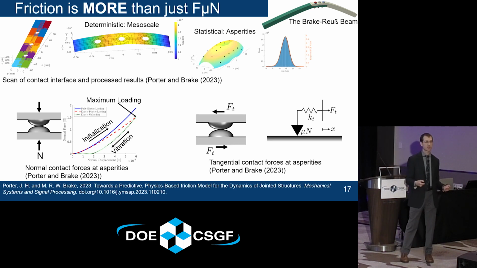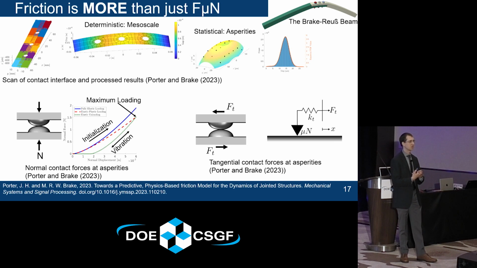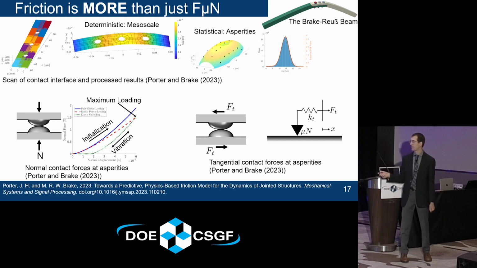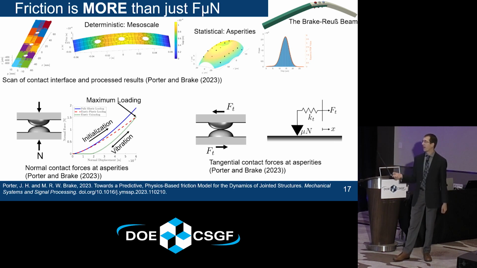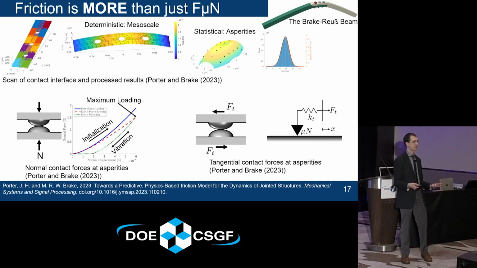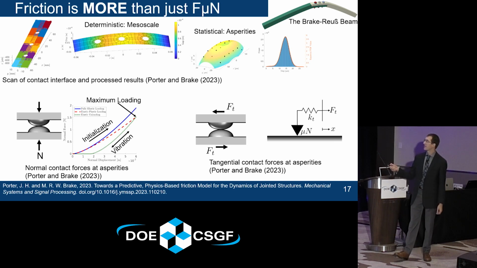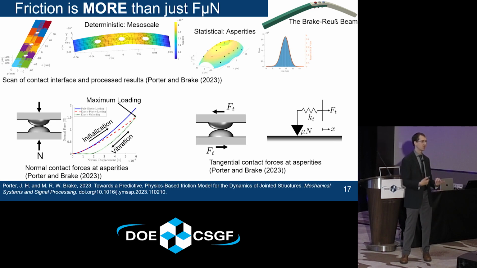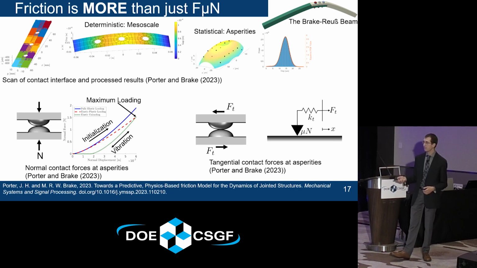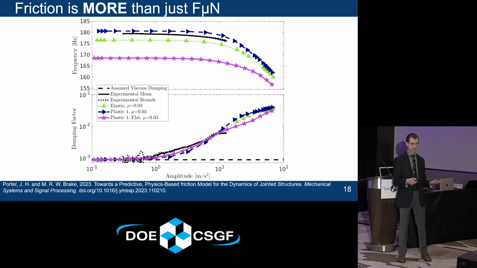In the tangential direction, these two spheres or ellipsoids pressed together will initially act as some linear spring, but this linear spring varies depending on how much they're pressed together in the normal direction. Then I apply this proportional friction limit at every single set of these asperities. But these also have the statistical distribution, so they all have different normal pressures and are going to slip at different times.